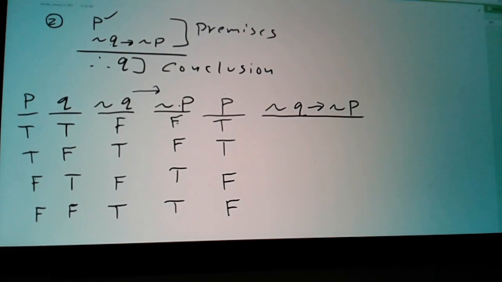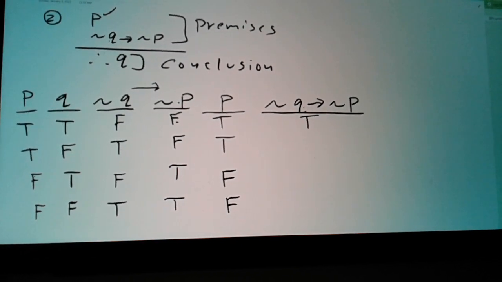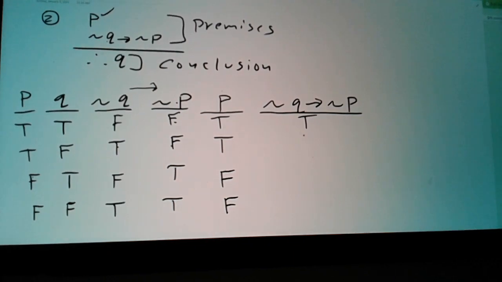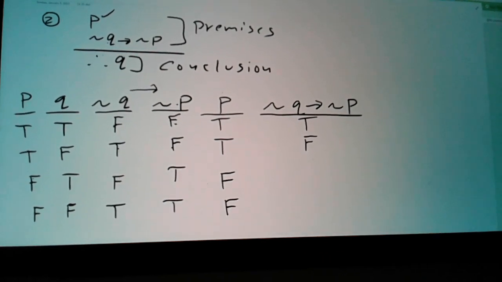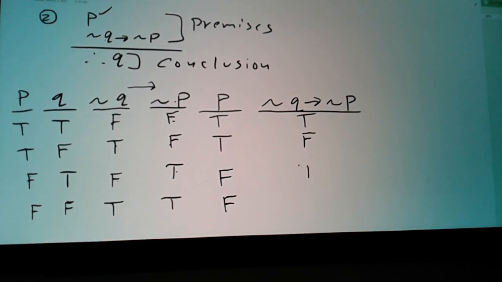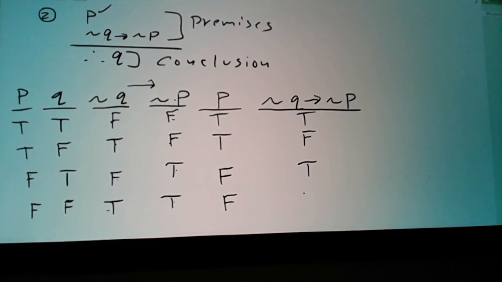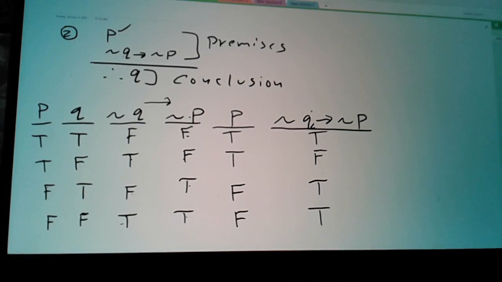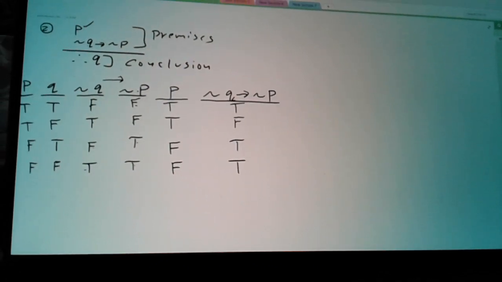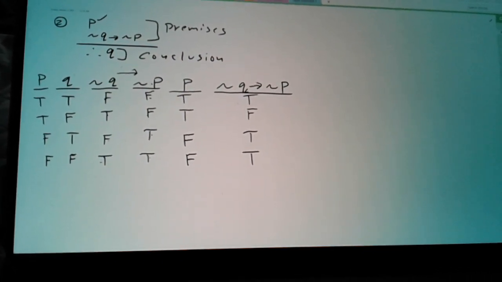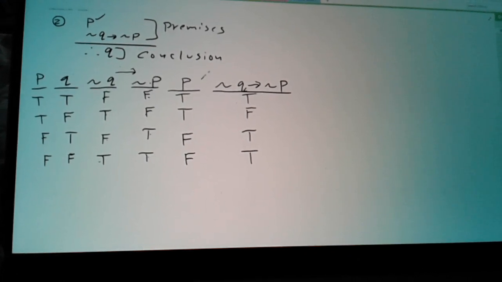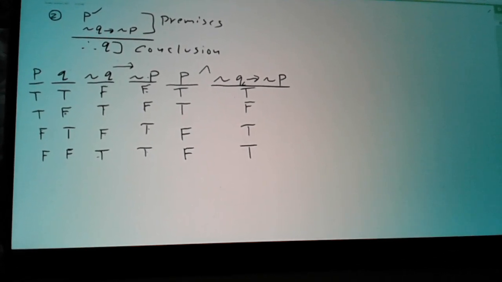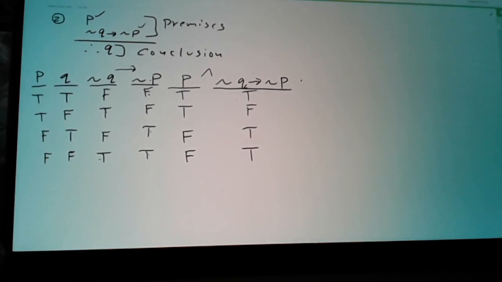So false implies false, you know, is true. True implies false is false. False implies true is true. True implies true is true. Okay. So I have my premises here, so I have to take the and of these two things. You want to and the premises together.